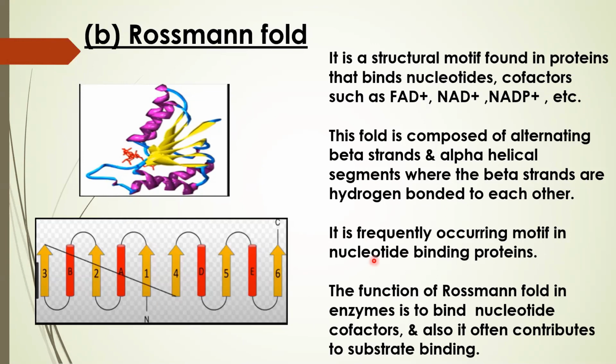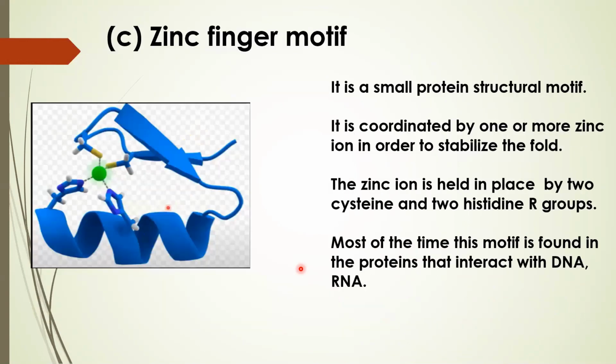It is a frequently occurring motif in nucleotide binding proteins. The function of Rossmann fold enzymes is to bind nucleotide cofactors and also it often contributes to substrate binding. So if in the exam it is asked what are the functions of Rossmann fold in MCQ form, you can refer to this.